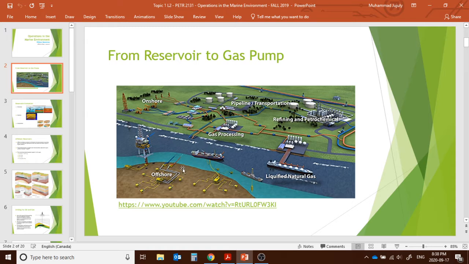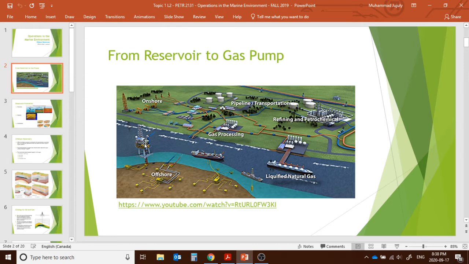If it's gas, it goes directly to the gas processing center. If it's liquid like crude oil, it goes to the refineries and petrochemicals.